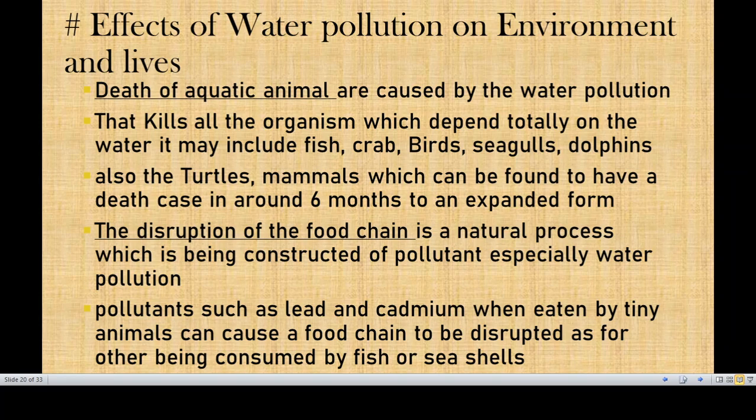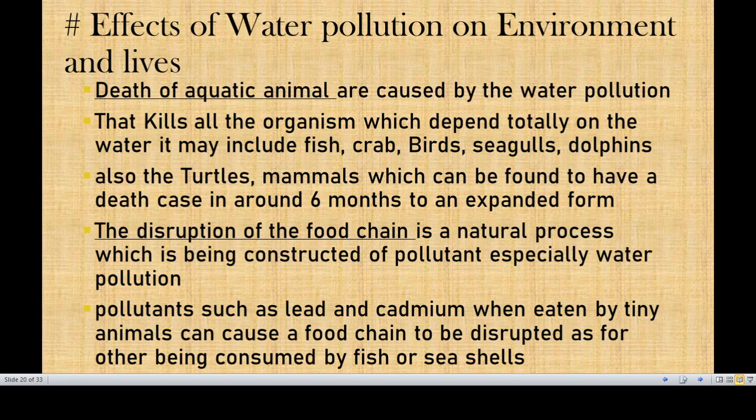Let's go with the very first part, the harmful effect of water pollution on aquatic animals. There is a death of aquatic animals. That means water pollution directly kills the organisms which depend completely on water for their life. This death can be seen in aquatic animals like fish, crab, birds, dolphins, seagulls.